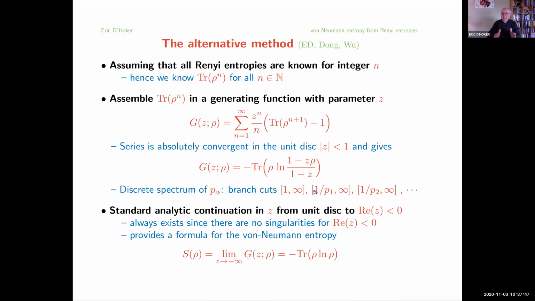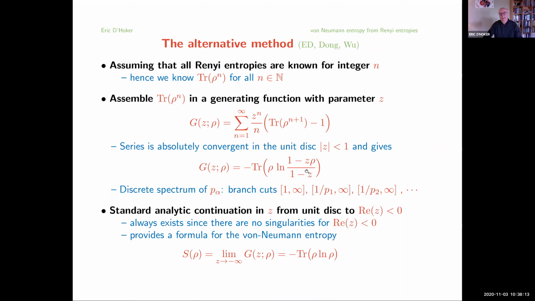So in fact, what you have is a sequence of branch cuts starting at 1 and then going all the way out to infinity. In other words, this function defined this way should be analytic in the complex plane, except for a branch cut or a multiple branch cut going from 1 to plus infinity.